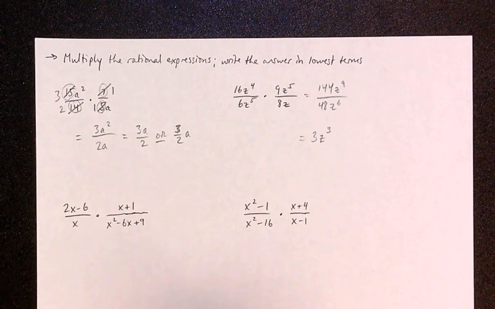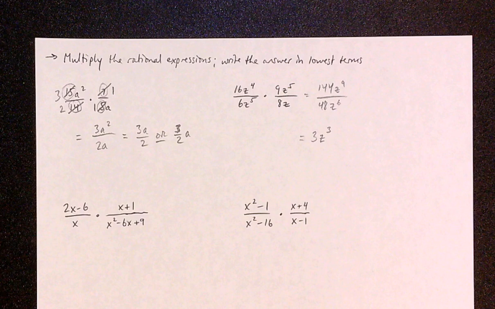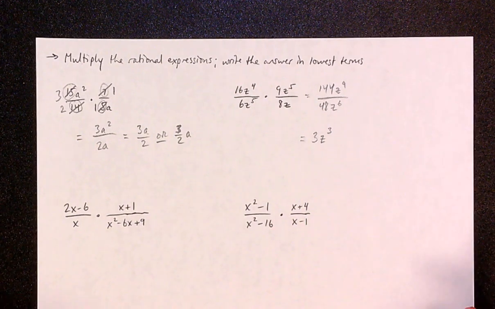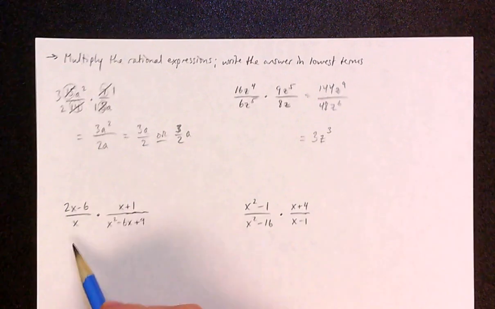When you multiply these things, in fact, I'll say even before you do the actual multiplication, factor everything as much as you can first, because then you may see that there are some common factors on the top and bottom which you can cancel out.